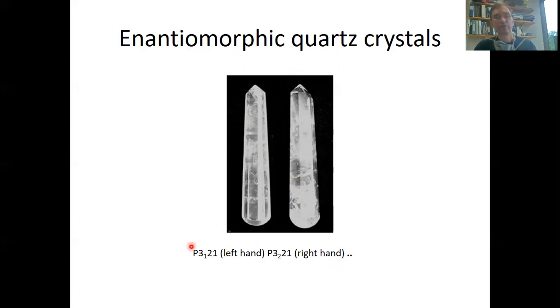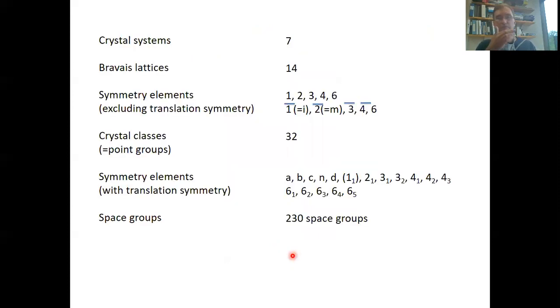So therefore, 50% of the crystals will be described by the space group P3121, and the other 50% will crystallize in the space group P3221. All right, so we have discussed point groups, but not space groups. So I wanted to define what that is.